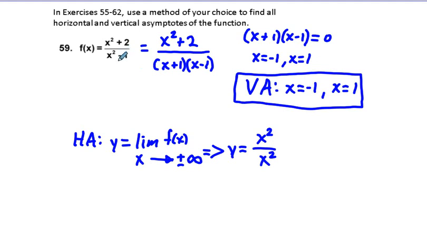Well, the reason is because as we approach infinity, this 2 in the numerator and negative 1 in the denominator are going to fade into less and less significance the farther out we go. And so our limit for this, or horizontal asymptote, is going to be y is equal to 1.